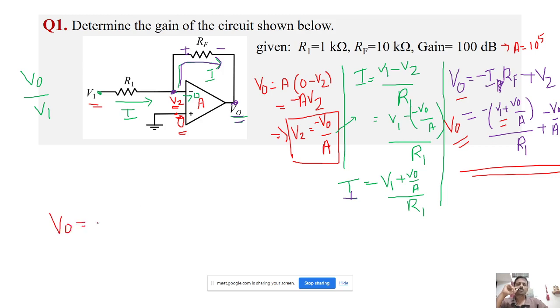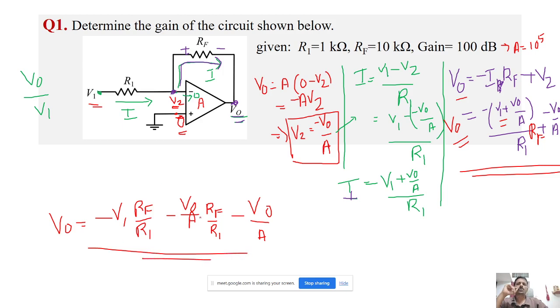V0 equal to minus V1 RF by R1, plus minus V0 by A into RF by R1, and minus V0 by A. So we can rearrange these terms and we'll get the relation between V0 and V1.